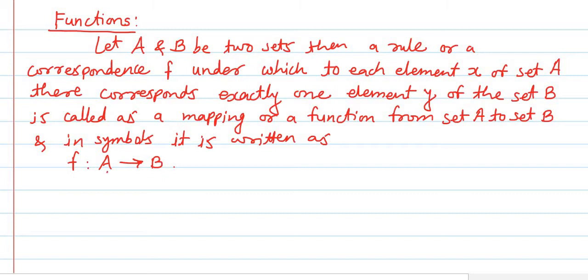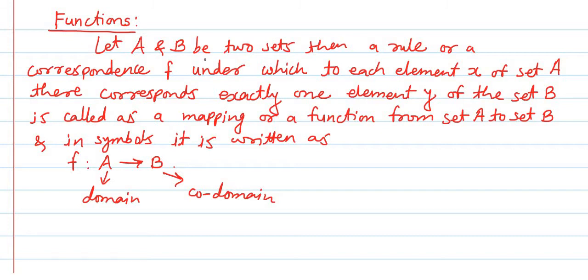Next, if F is a mapping from set A to set B, then we say that set A is the domain and set B is the codomain of the mapping F.